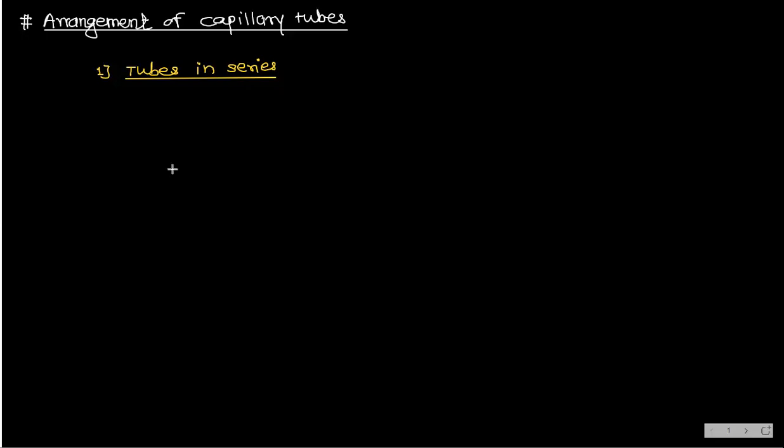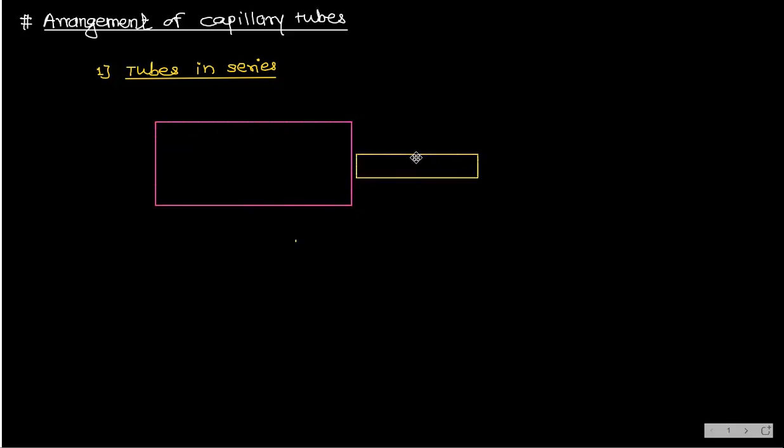I'm drawing the diagram. Let us suppose this is the first capillary tube, and here is another capillary tube which is connected to this capillary tube. That is the big one.